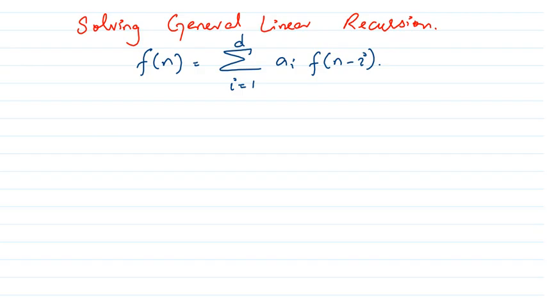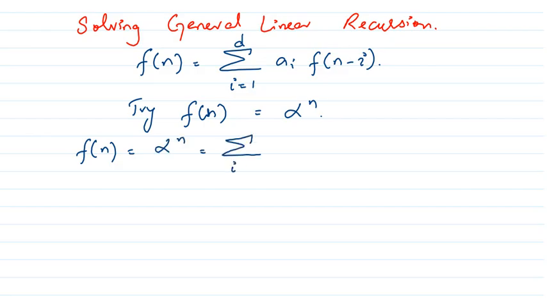So we are going to try with f of n equals alpha power n. With f of n equals alpha power n, the summation i from 1 to d of a_i f of n minus i is going to be alpha raised to the power n minus i.